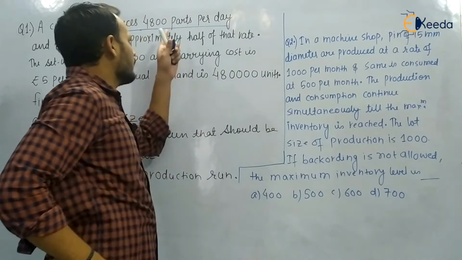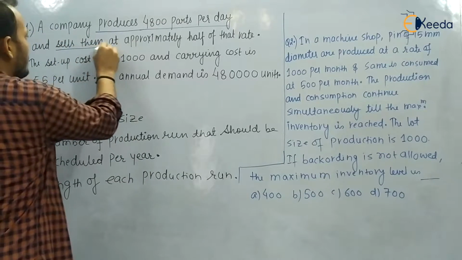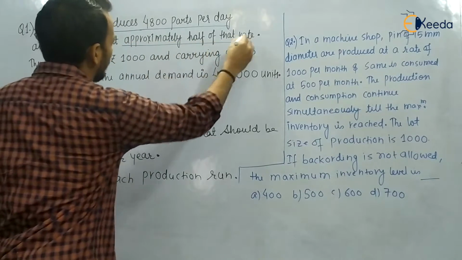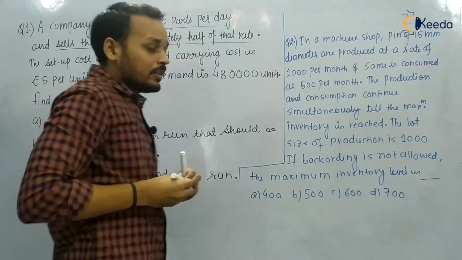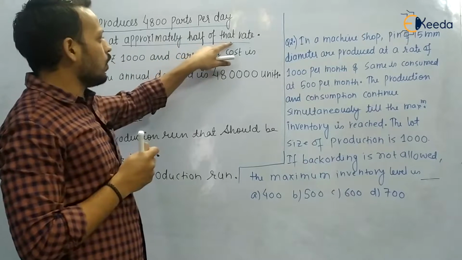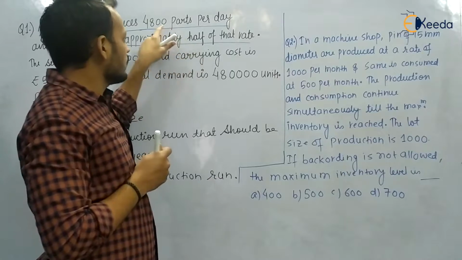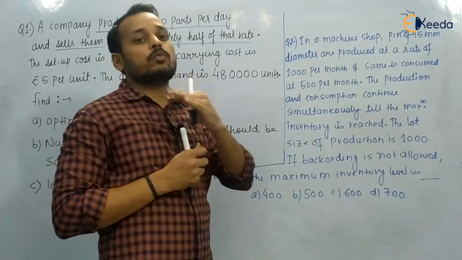It sells them at approximately half of that rate. Sells them means the demand is given. So production is 4800 per day and demand is 4800 by 2, that is 2400 per day.